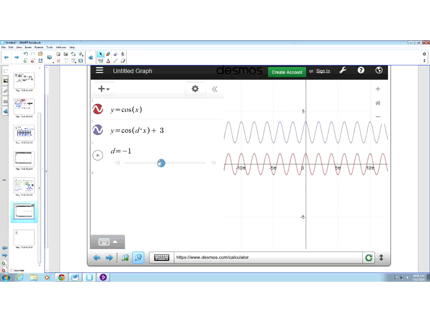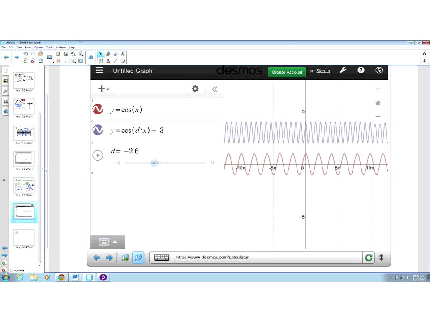But as soon as d goes greater than -1, then we go back to our horizontal compression, as you can see here. So there's your horizontal compression. Okay, so try to understand these transformations of the graph.